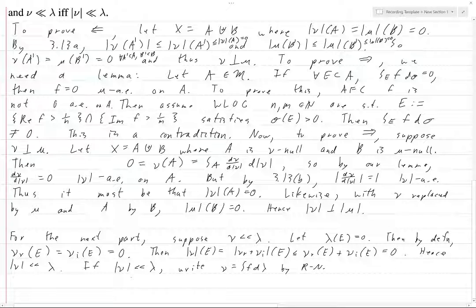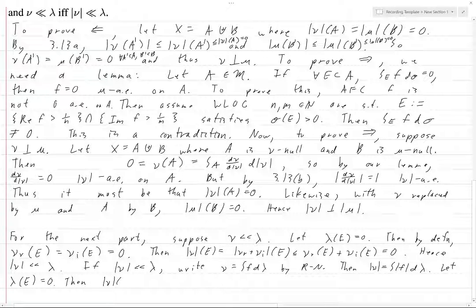One's absolutely continuous with respect to the other, so we can write this. Then nu, by definition, is the integral of the norm of f d lambda. So let's see if I can fit this on this last line. Let lambda equals 0.